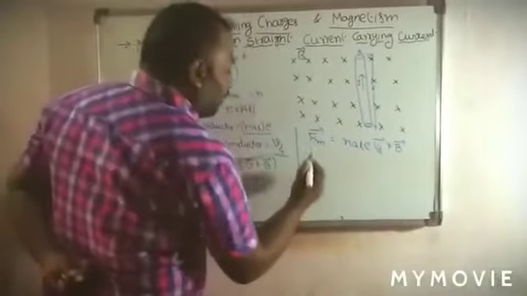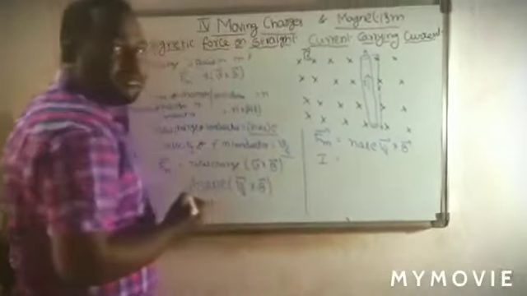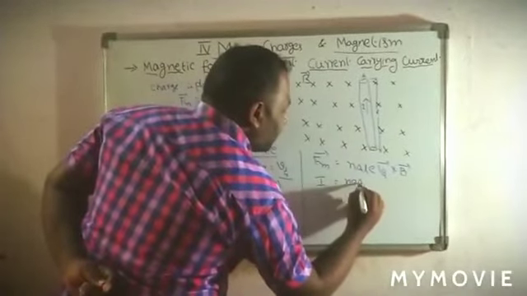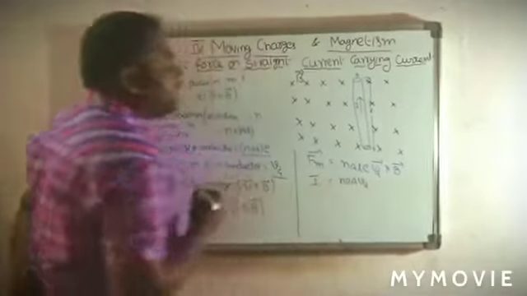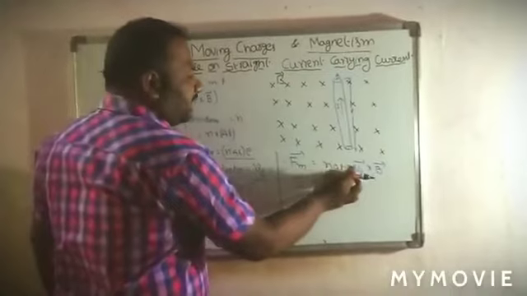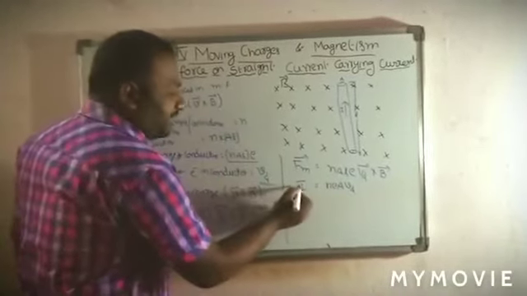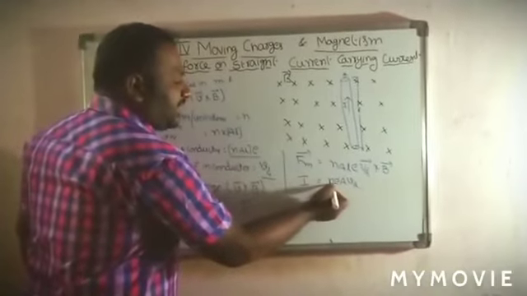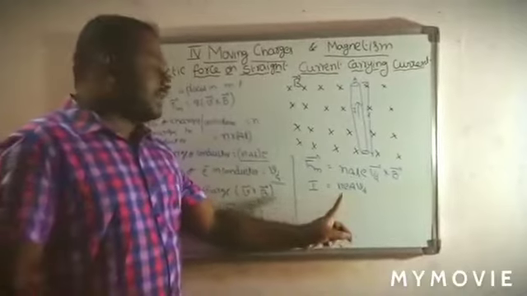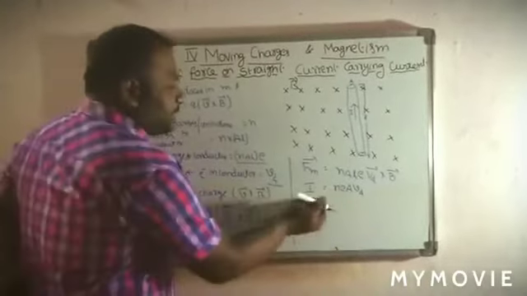But already we know in current electricity, what is the current expression we derived there? That is n e A Vd. Here the magnetic force is n A L e Vd bar cross B bar. In current electricity we already derived the current I equal to n e A Vd. Substitute here.